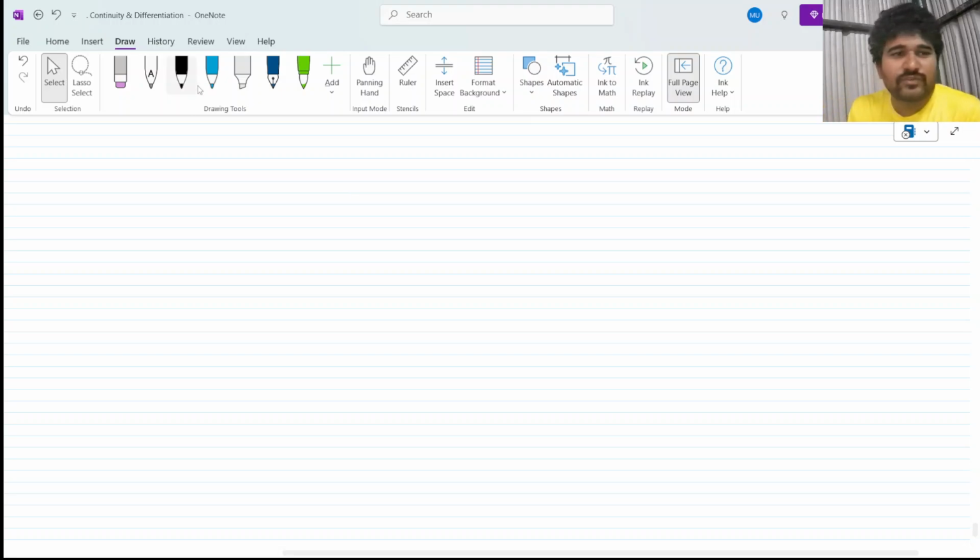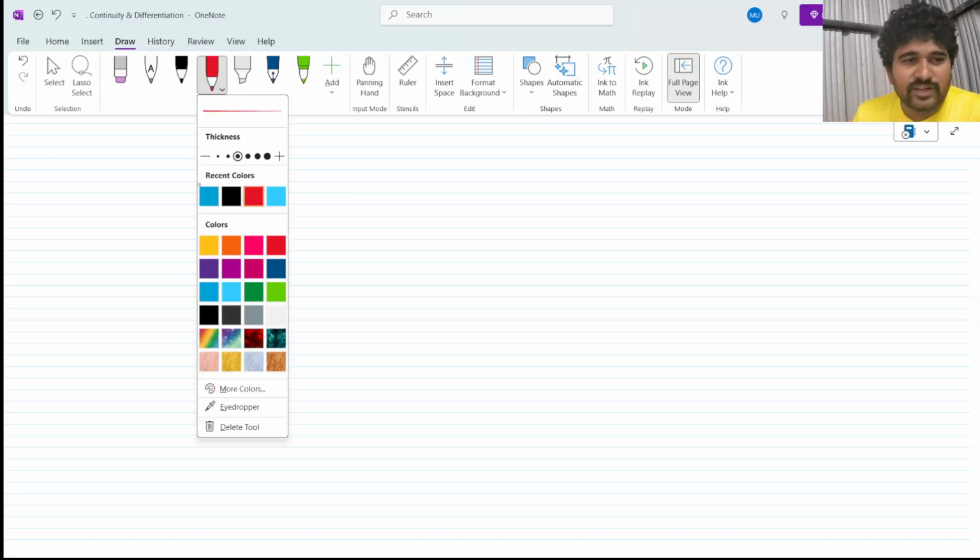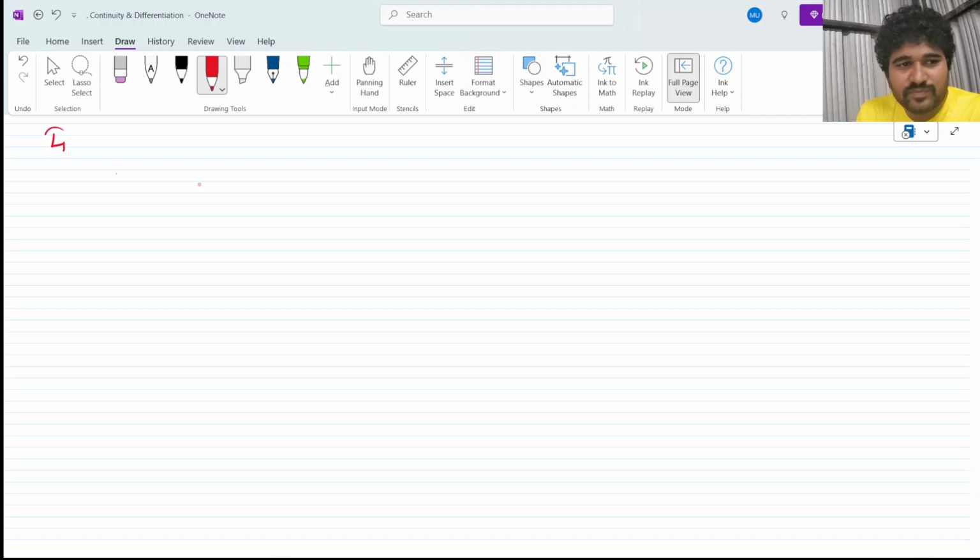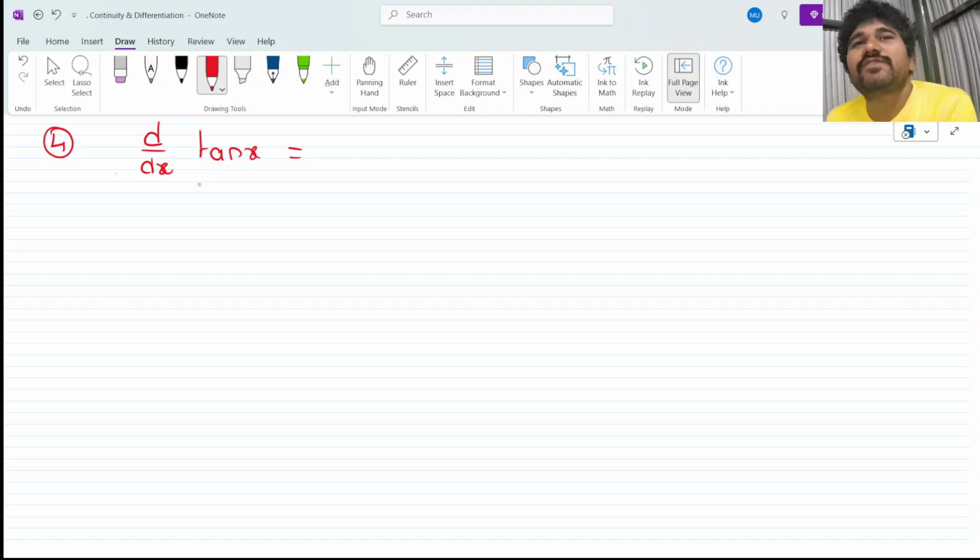Write down the fourth formula. Can you guess what might be the formula? d by dx of tan x. What is the differentiation of tan x?